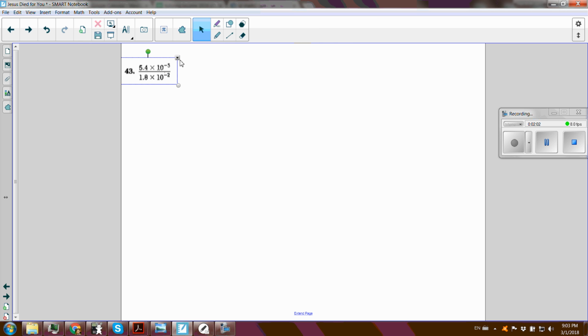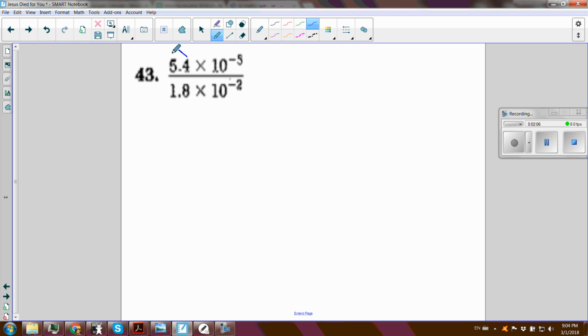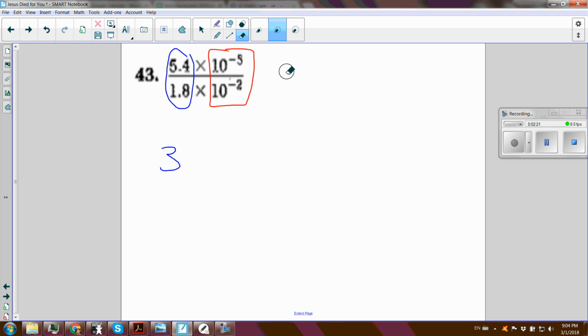Now, same thing with a division problem. Here we've got 5.4 divided by 1.8. That's 3. 10 to the negative 5th divided by 10 to the negative 2. 10 to the negative 5th is 1 over 10 to the 5th.